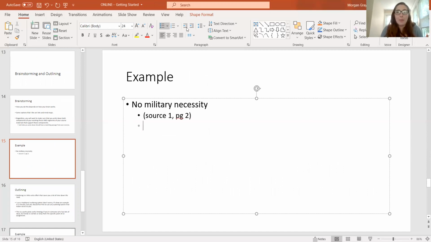If I'm writing about official justification, military, source 2, page 1. These don't have to be in any particular order. The purpose of outlining is to organize it. The purpose of brainstorming is to just put it all on a page, right? So you get a few ideas out, match them with a source so that you can come back to it later.